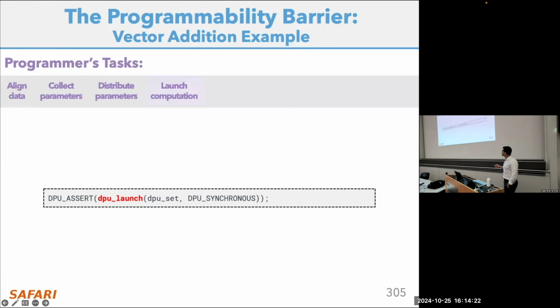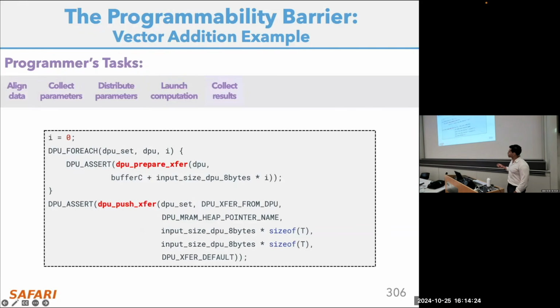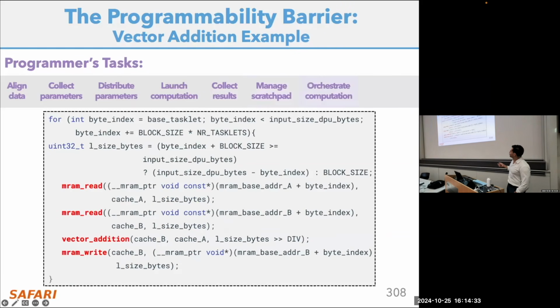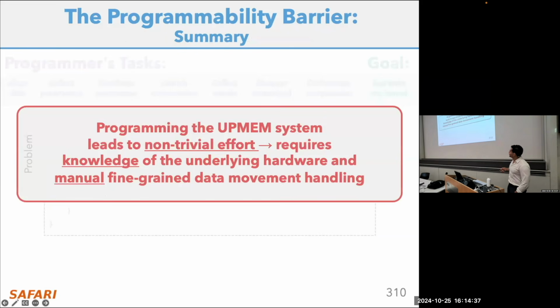You're going to have to launch the computation, collect results from the DPUs, manage the scratchpad, so manage the data between the MRAM and the WRAM, and finally you're going to have to orchestrate the computation and the communication. And we know that all of this is quite cumbersome.